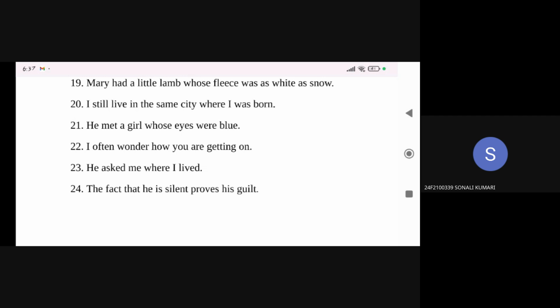Anything else? Ma'am, can you please explain compound sentence once?